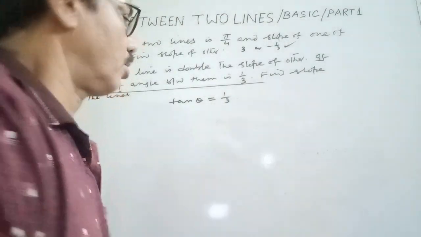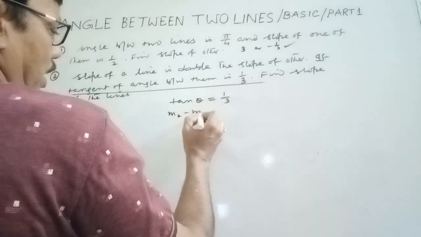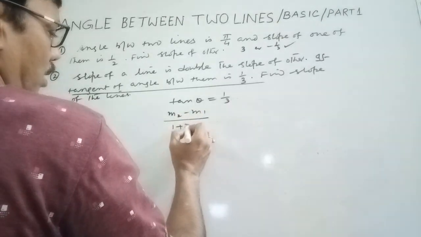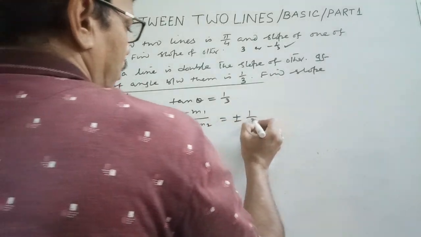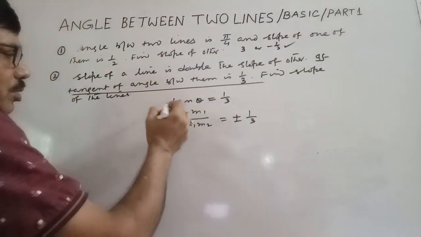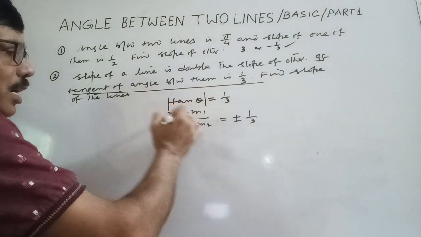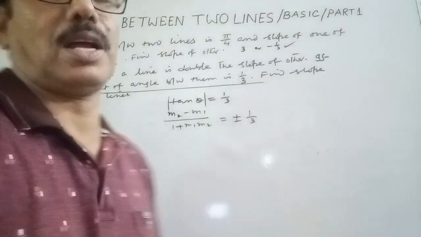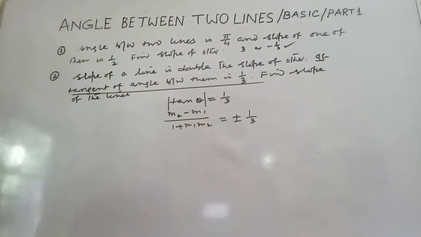So (m2 minus m1) by (1 plus m1 m2) equals plus minus 1 by 3. So this is mod tan theta, so we can write tan theta with a plus minus sign on any one side.